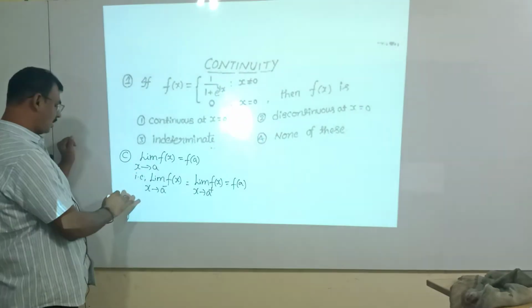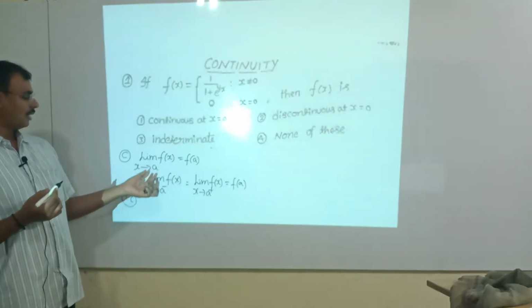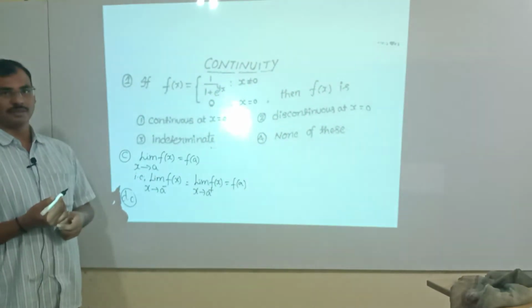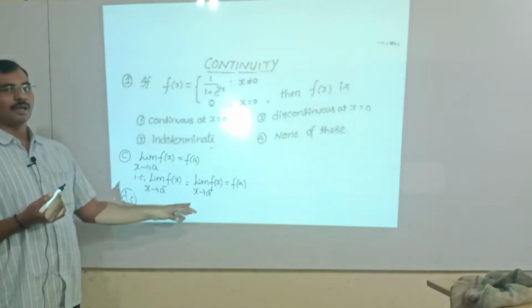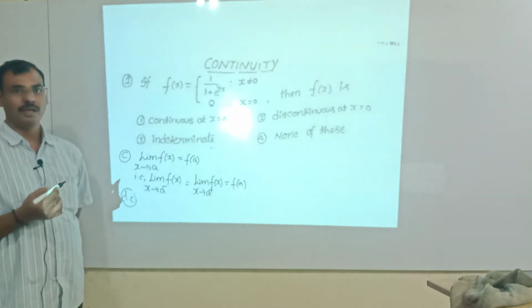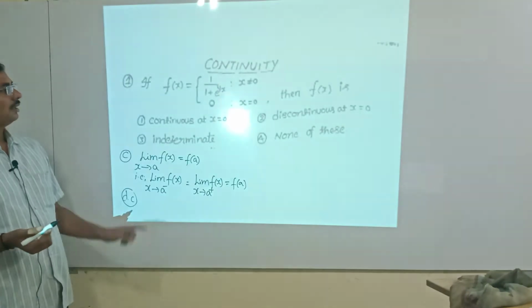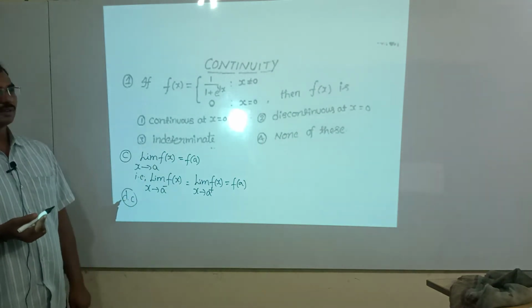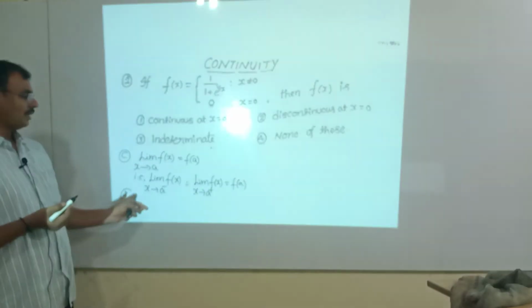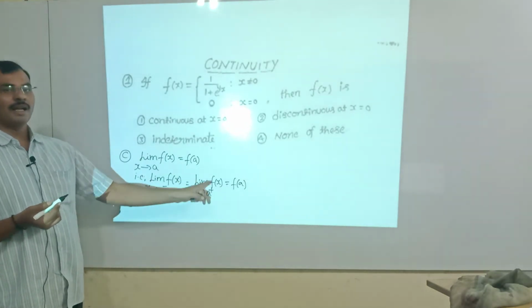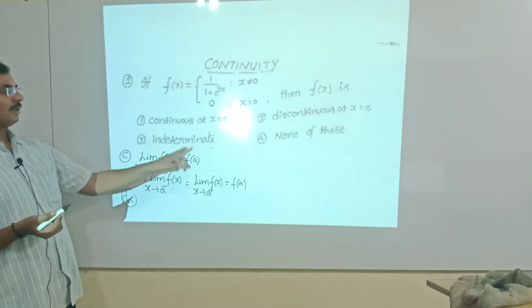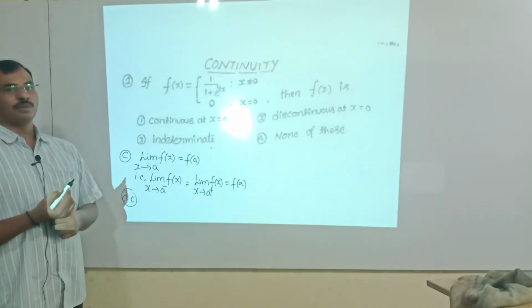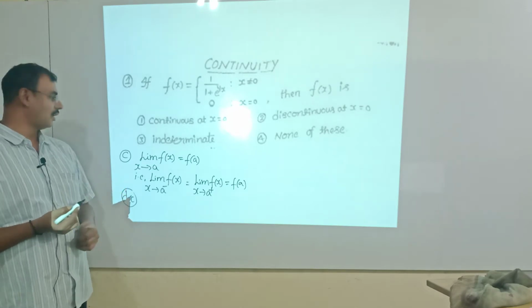Otherwise we have to say that it is discontinuous. How do you say that a function is discontinuous? There are so many conditions. Condition number 1: the left hand limit and right hand limit exist and are not equal, then f is discontinuous. Second point: the left hand limit and right hand limit exist and are equal but not equal to f of a, then f is said to be discontinuous at x is equal to a.